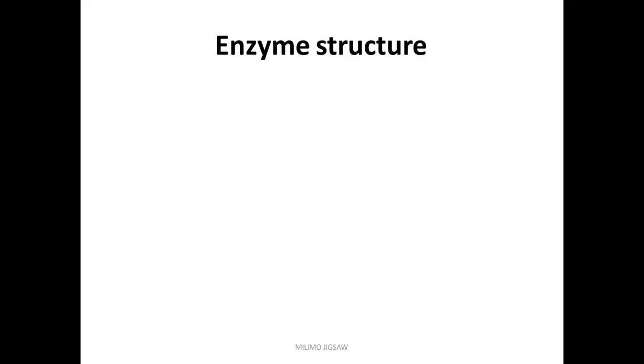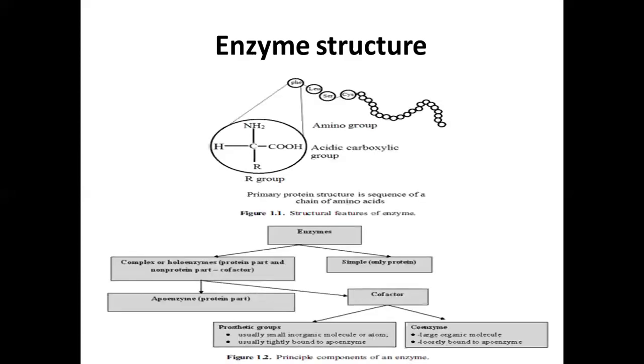The configuration and catalytic action of an enzyme is determined by the linear chain of amino acid residues, which are linked by peptide bonds. These constitute a protein molecule. Then remember, we have a localized folding of the primary structure, and that's what we call the secondary structure.